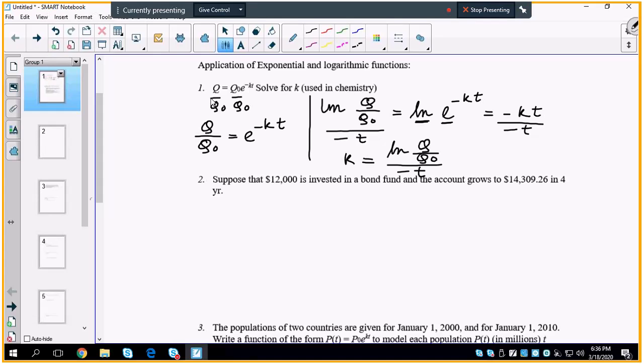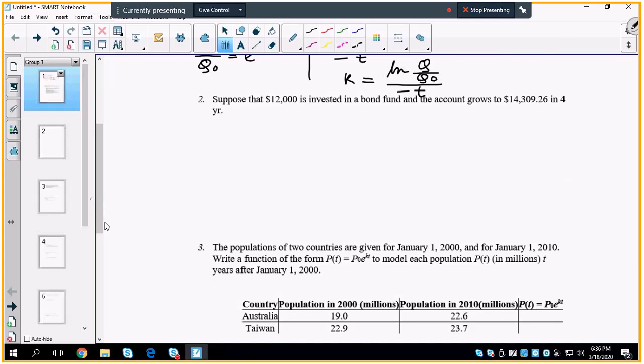is called the time. So let's remind ourselves about the interest problems that we were talking about when we defined the exponential function for the first time. Example 2 is a similar problem. Suppose that $12,000 is invested in a bond fund and the account grows to $14,309.26 in 4 years.